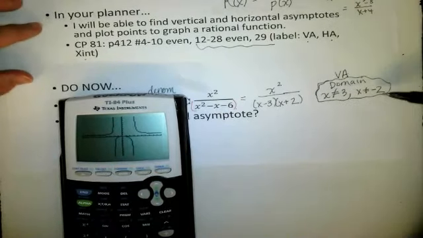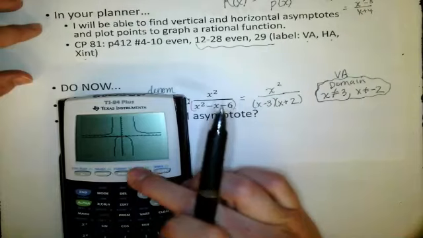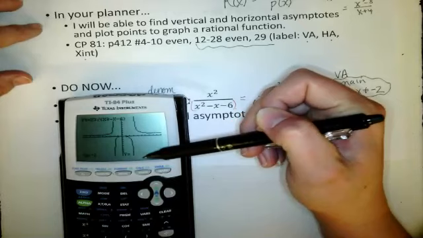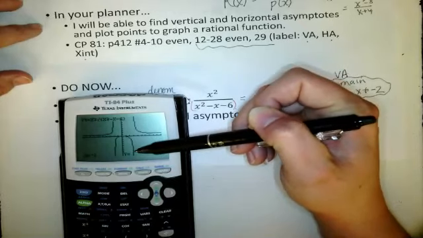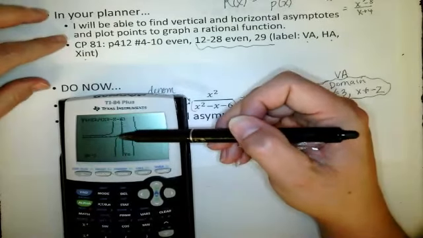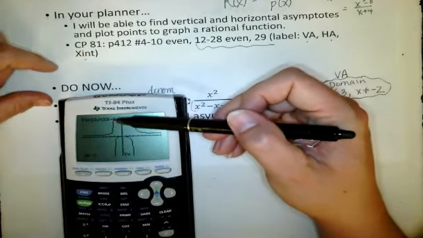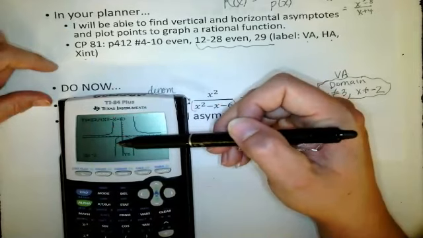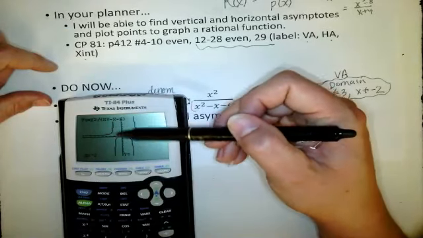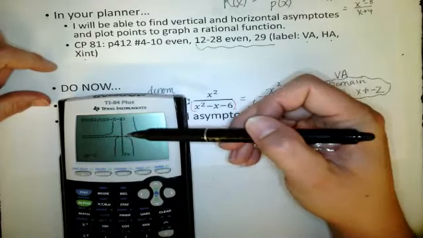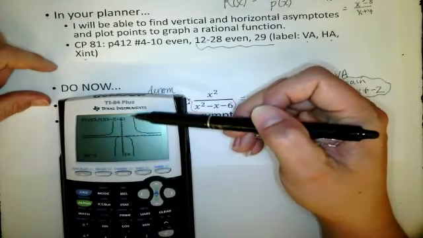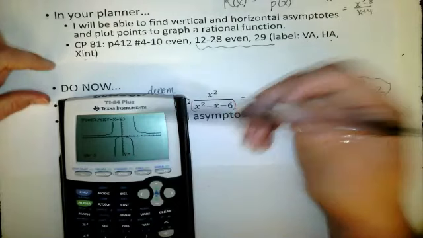But you'll notice at -2, if I trace and type in -2, you can see there's actually no y value there. It's literally undefined. And you can see at -2, one portion goes up to positive infinity, and this other portion of the graph goes down to negative infinity. We would say that the graph diverges at that vertical asymptote. There's another vertical asymptote here when x is 3, and you can see that's another place where the graphs veer off in different directions.